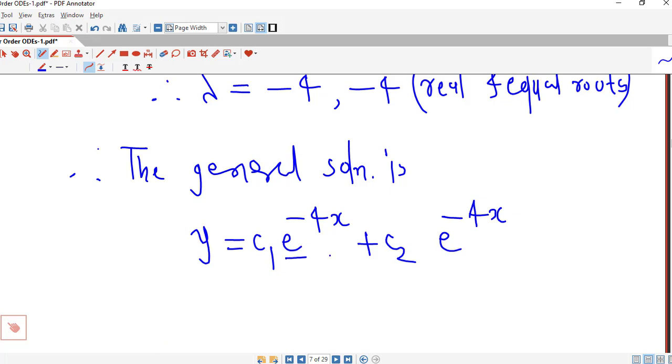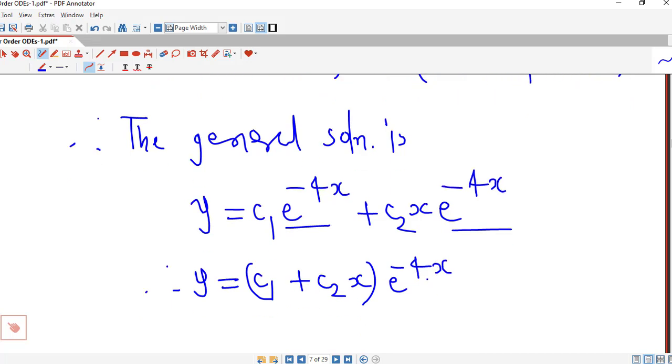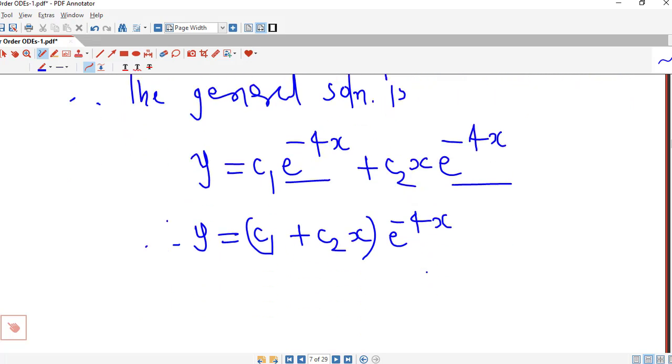So here these two are repeated, so I will take care that I multiply with x. I can multiply at this place also. So if roots are equal, then we should be careful, and this we can rewrite as c1 plus c2x e raised to minus 4x, where c1 and c2 are arbitrary constants.